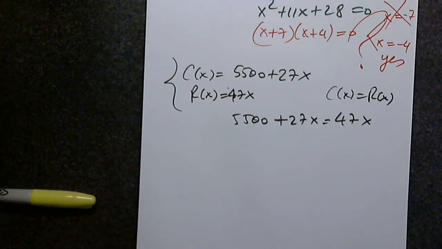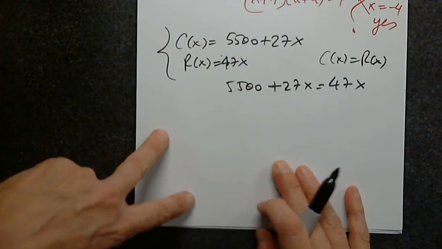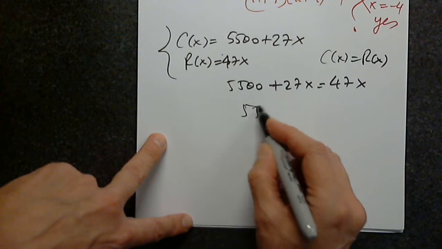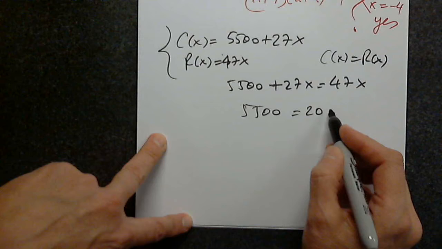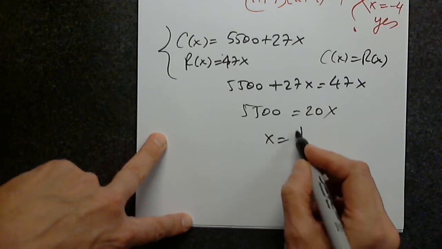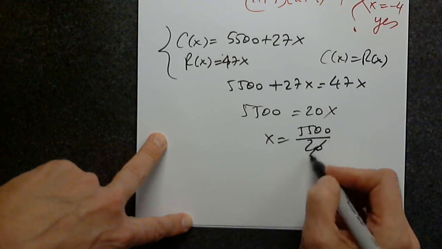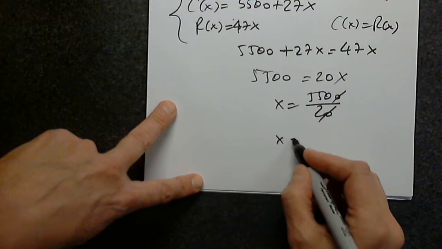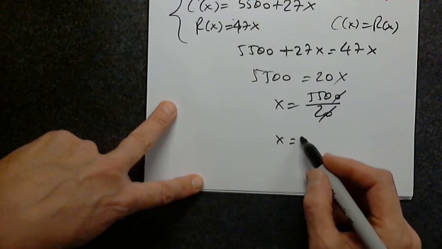Okay, so let's continue. So, of course, this is linear. Subtract 27x, so 5,500 equals 20x. So x equals 5,500 over 20. So x equals 275.